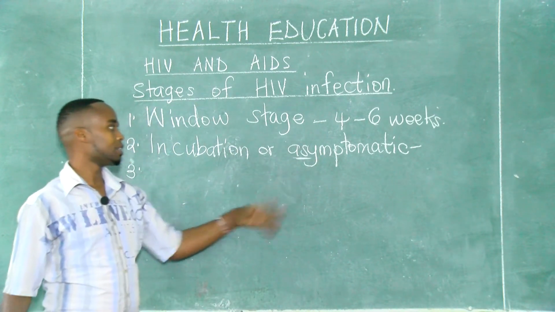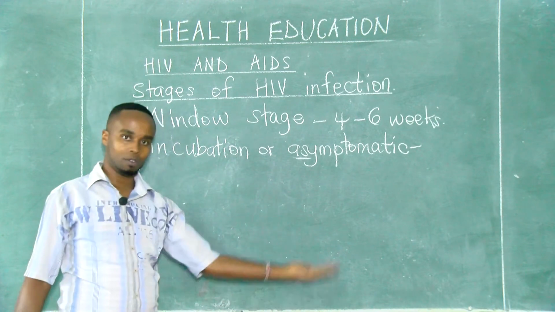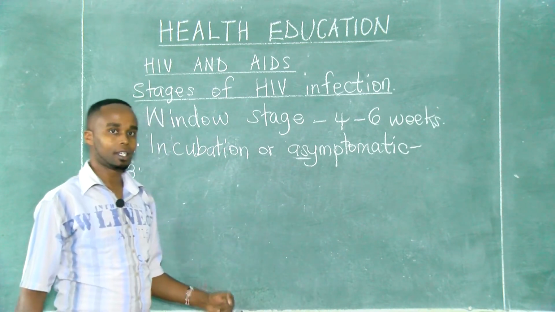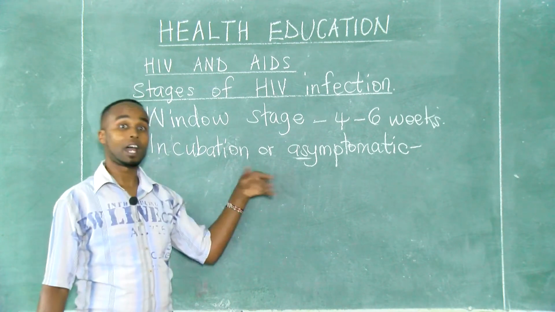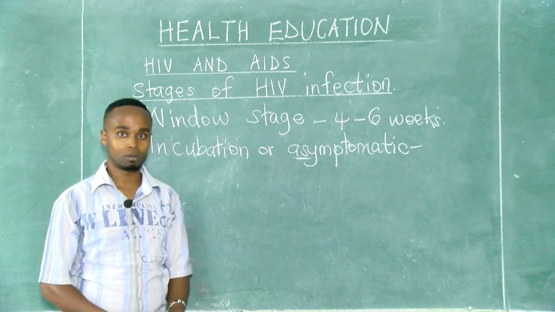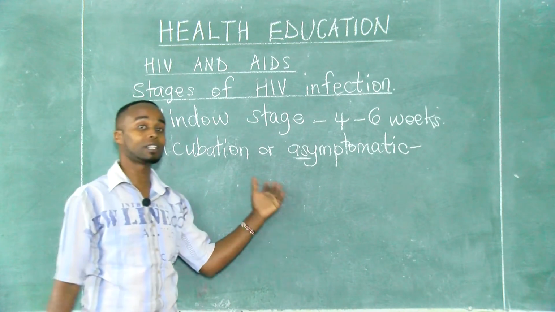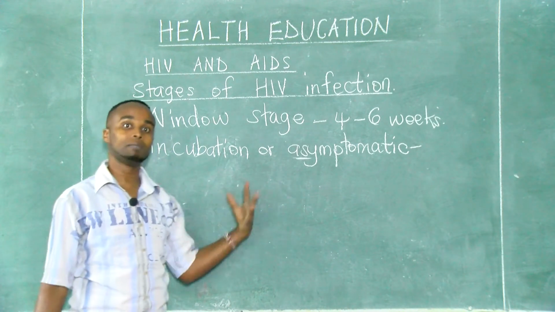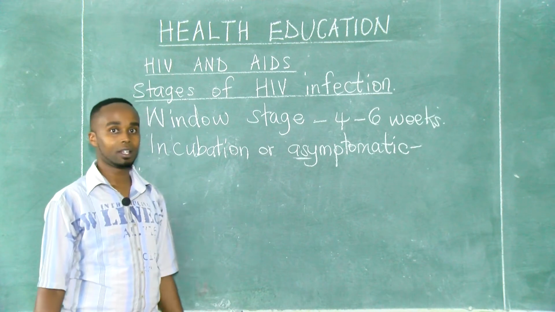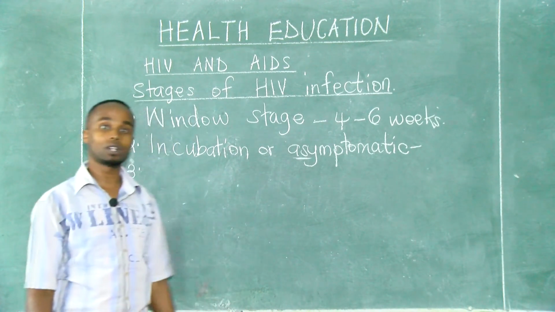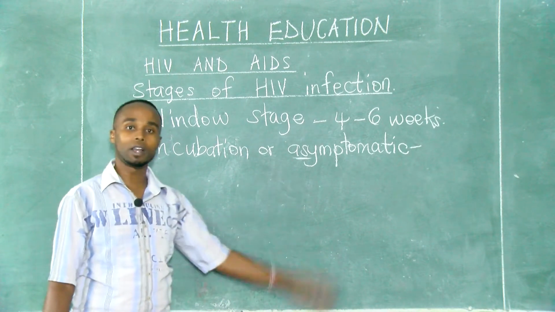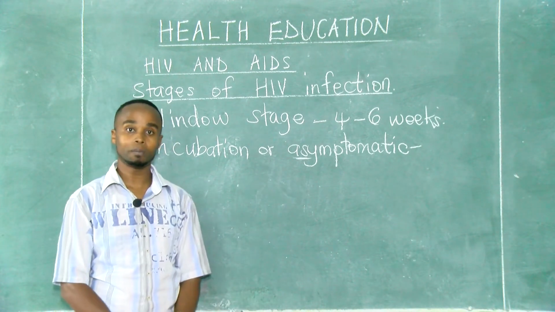This one is the opposite of symptomatic. In other words, this is a stage whereby there are no visible signs or symptoms, and the infected person will still be looking healthy. There will be no changes in the body, and no sign or symptom.